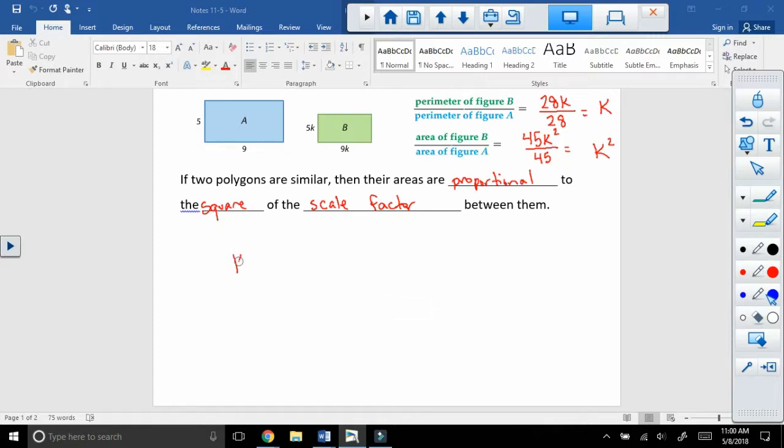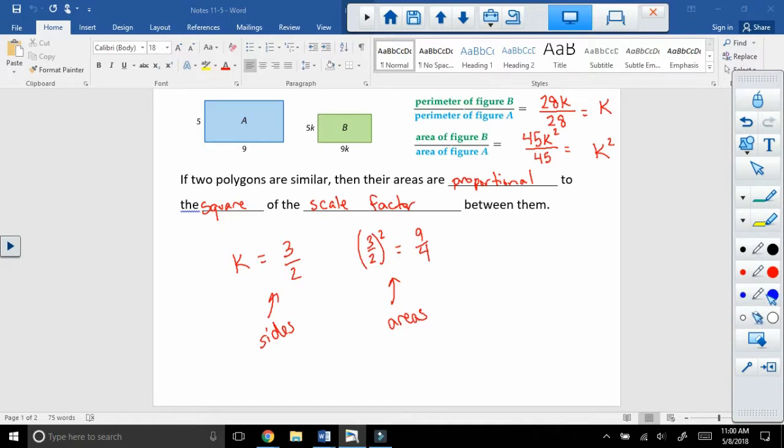So somebody make up a scale factor quick. 3 to 2. So if the scale factor is 3 to 2 for the sides, the scale factor for the areas would be whatever 3 to 2 squared is. So that's going to be 9 to 4. So the ratio of the areas would be 9 to 4 if the ratio of the sides is 3 to 2.